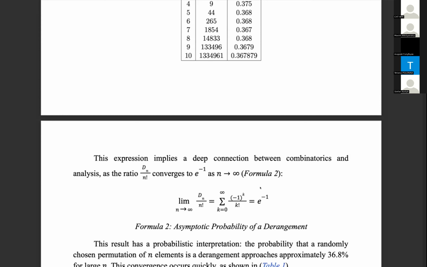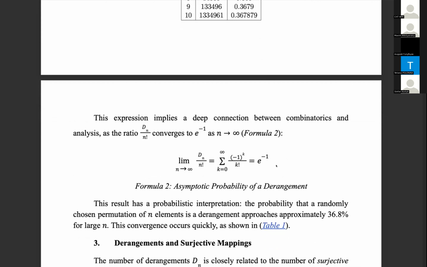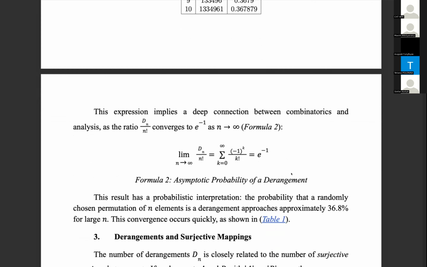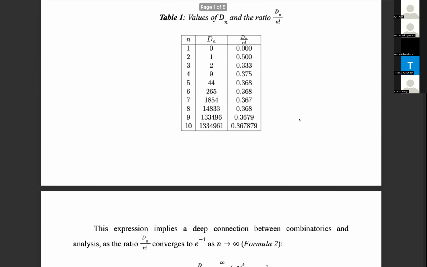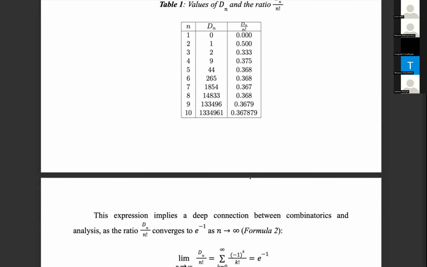This convergence is not only mathematically elegant, but also has probabilistic interpretations, such as in the hat check problem, where guests randomly retrieve hats, and we ask how likely it is that no one gets their own. This table shows the results for derangements and the convergence of this ratio, and how quickly it becomes 1 divided by e.